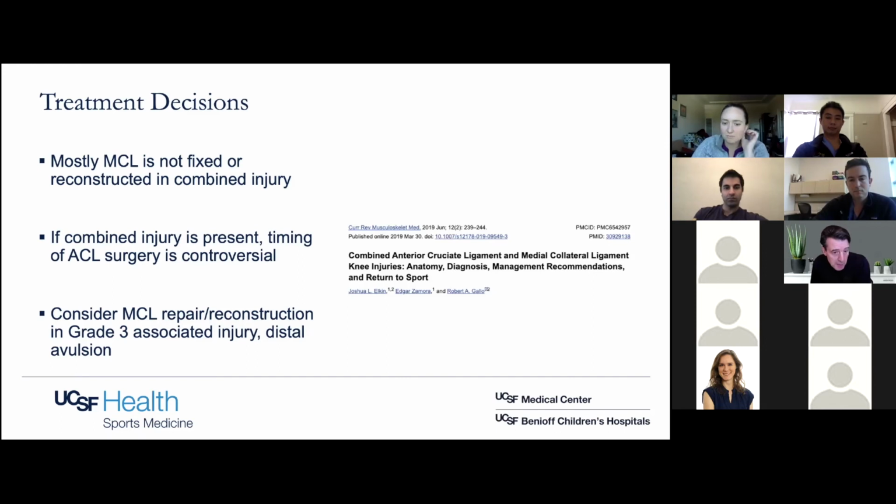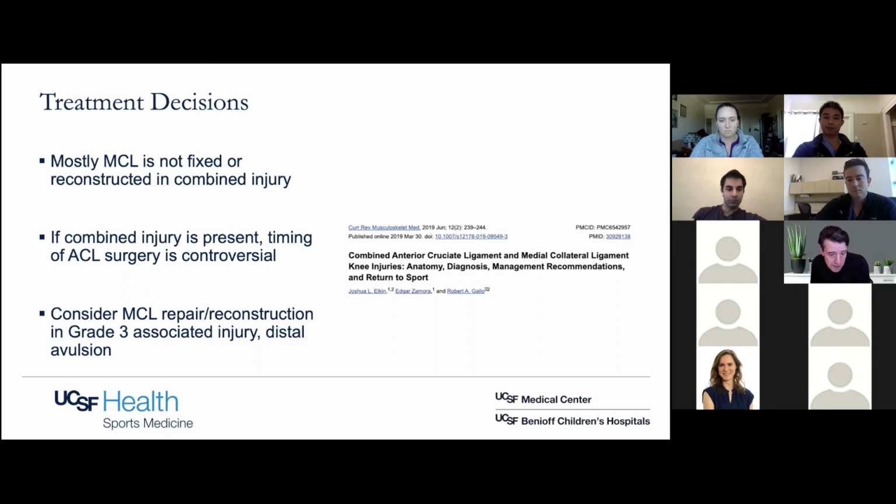Do you let them get better first? Brace them and let them get all their range of motion back? I think that's a little bit variable between surgeons as to how they do it. I personally like to see my range of motion come back completely before we do anything. So most of these patients will get braced and rehabbed, and then we see what happens after that.